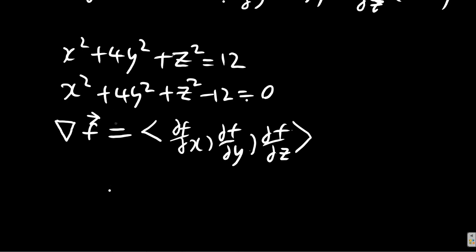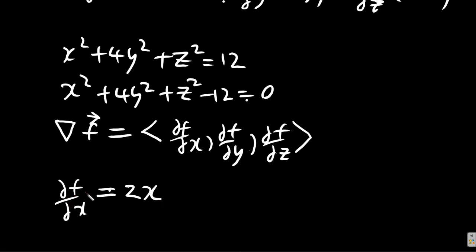Now, what is delta f by delta x? Notice we're going to have 2 times x here, so it's 2x. We are treating y as a constant, so this will be 0. z is a constant, which is 0, because we're differentiating partially with respect to x. Negative 12 is a constant, alright?